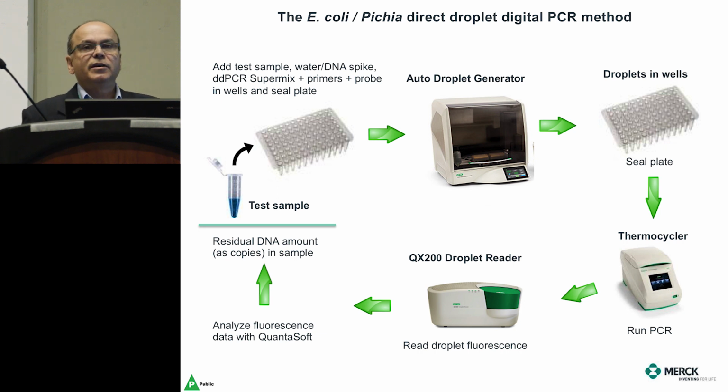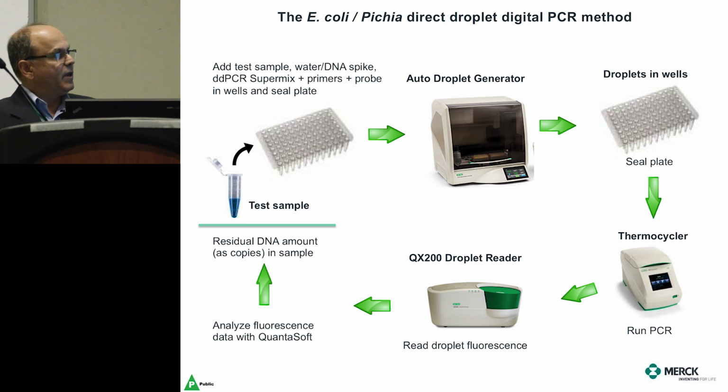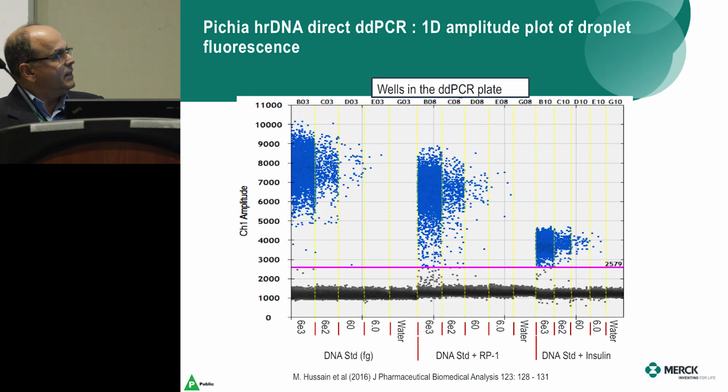And this is what one kind of data representation is here. Here, the blue droplets are the positive droplets. And this is, so B03 is one well subdivided or apportioned into, say, about 15,000 droplets.